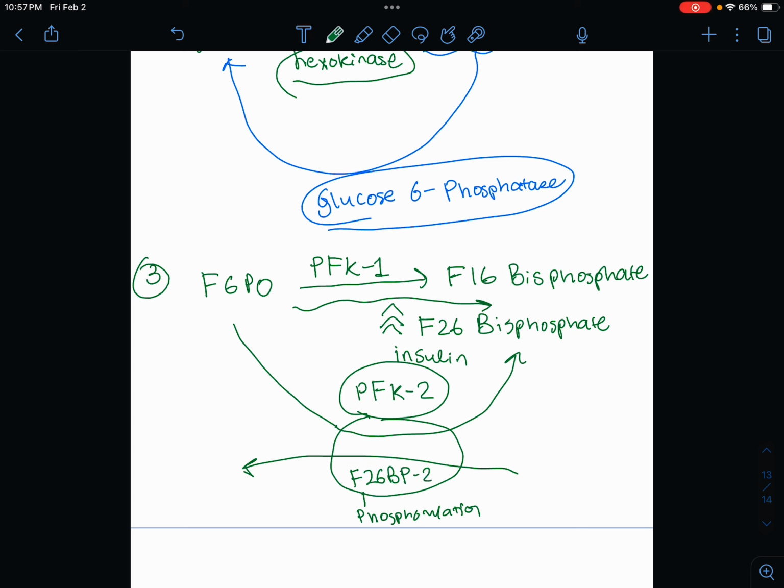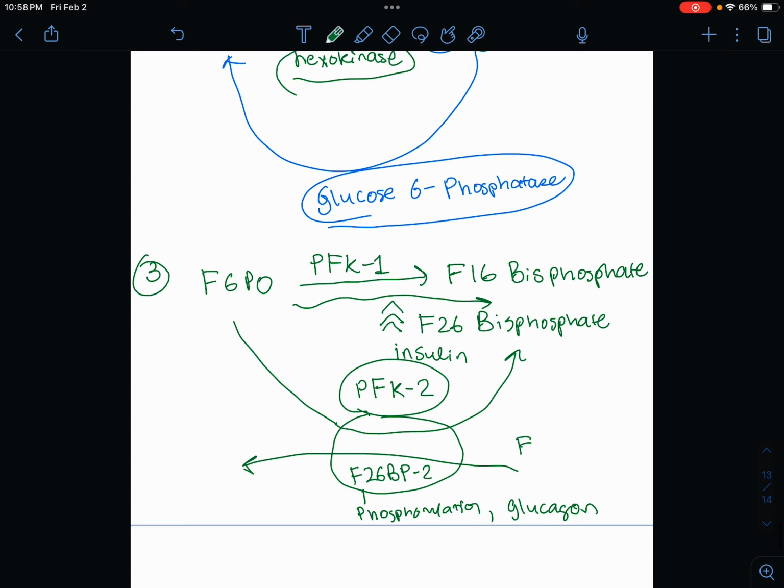And when we have that phosphorylated, it's active. We also have glucagon in play from the liver. And when these components are at play, we have our fructose bisphosphate go back to fructose 6-phosphate. So that's one of the regulation components of gluconeogenesis.